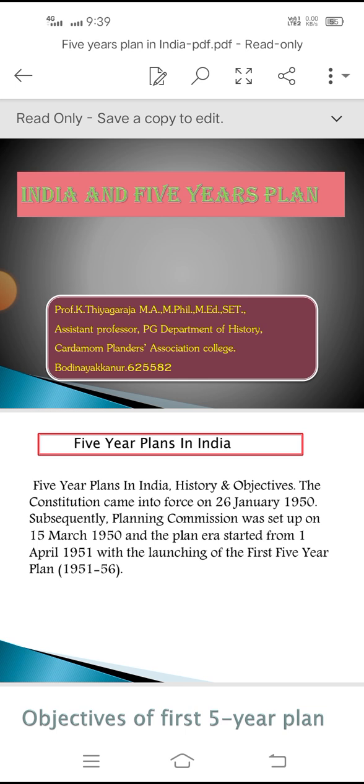So at that time the Indian condition was very sensitive, because before 1947 there were 562 princely states. These princely states were unified under one panel. In this connection, India became one unified country, one nation.